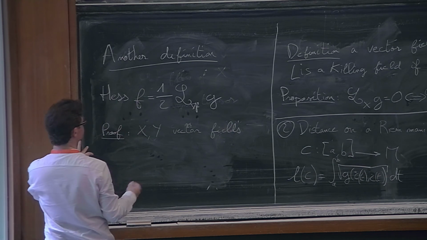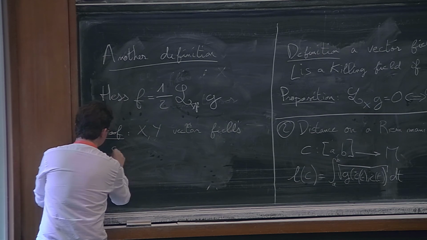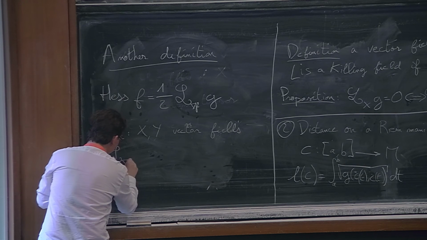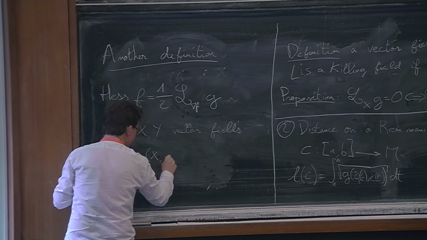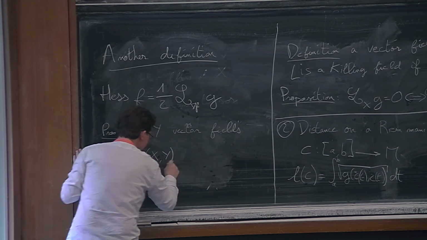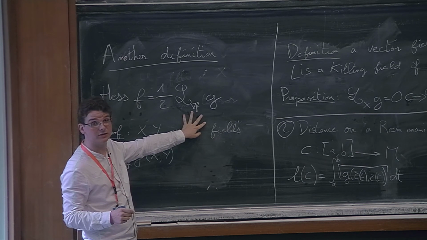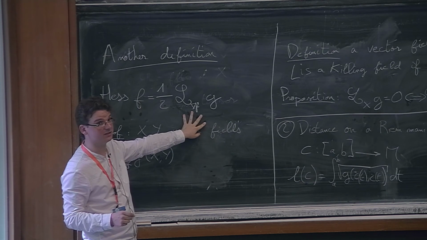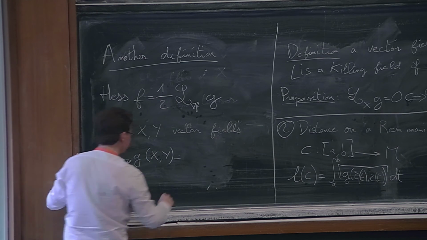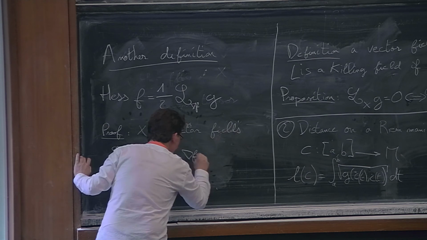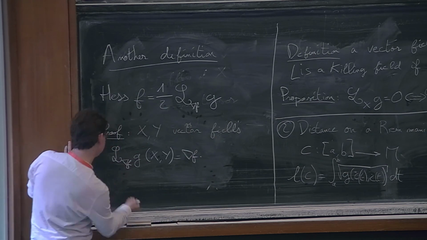L_{∇f} g evaluated on X and Y. With this, it's automatic that it's symmetric: it's the Lie derivative of a symmetric tensor, so it's still a symmetric tensor. But for those who are not familiar with that kind of computation, I use the Leibniz rule once more for the Lie derivative.